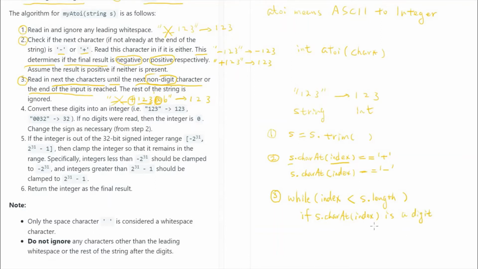And if it's true, we need to append this digit to our answer. Before all these steps, we have an integer answer. And if it's true, the answer will be updated as such.